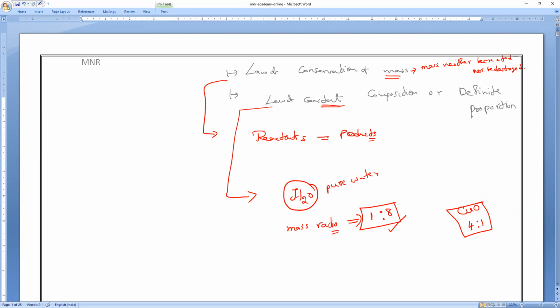Mass ratio. Is that clear? So this mass ratio always remains constant. That is what we call the law of constant composition or definite composition.